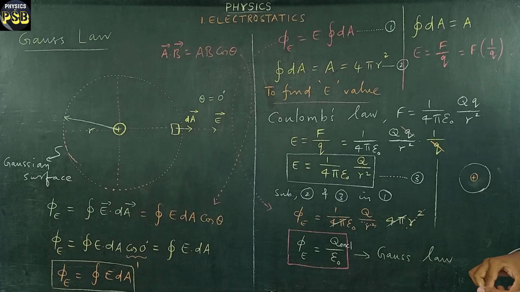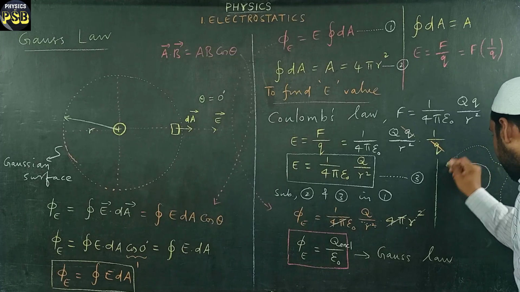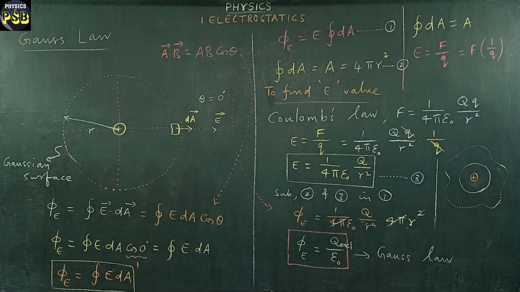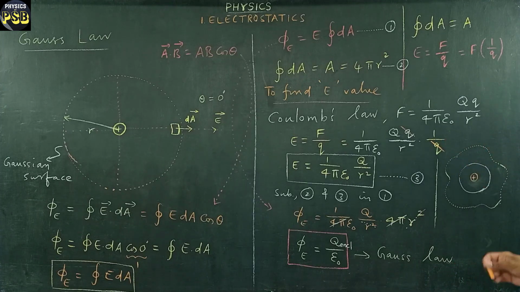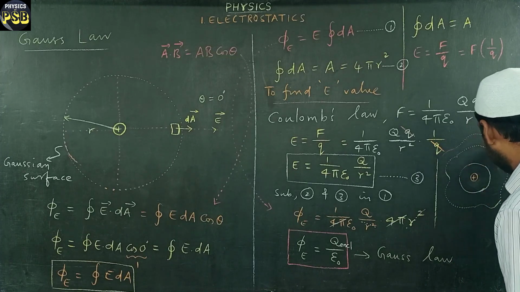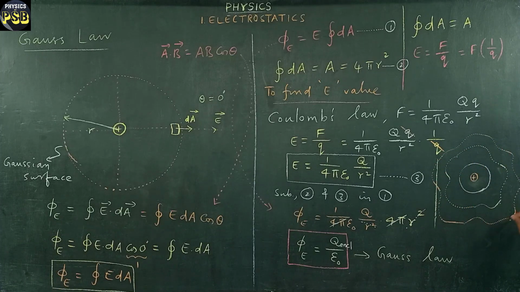Then suppose there's one more surface present around it. The arbitrary shaped surface. It does not have a perfect shape. Then I take one more surface here. This surface is also of arbitrary shape. Does not have a particular shape.